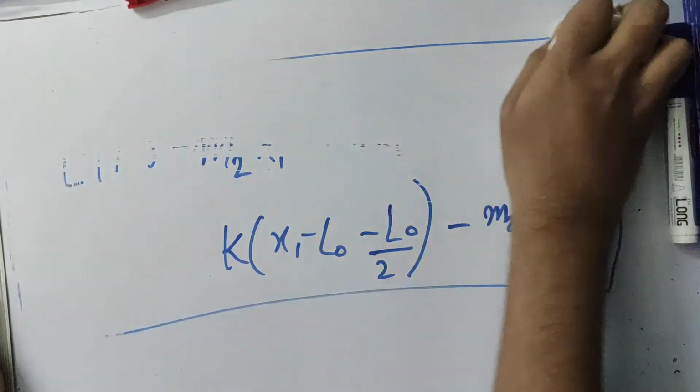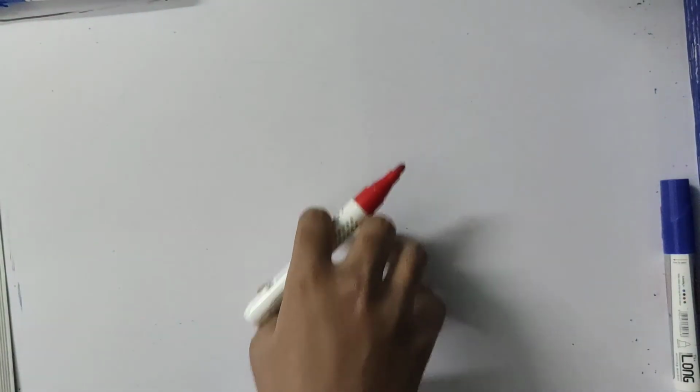Yeah, I'm doing the RHS in red because this is more important at this point of time. This is a very important idea. So now we need to find the generalized force in the x direction. X is the coordinate for which we are doing the Lagrange the first time.